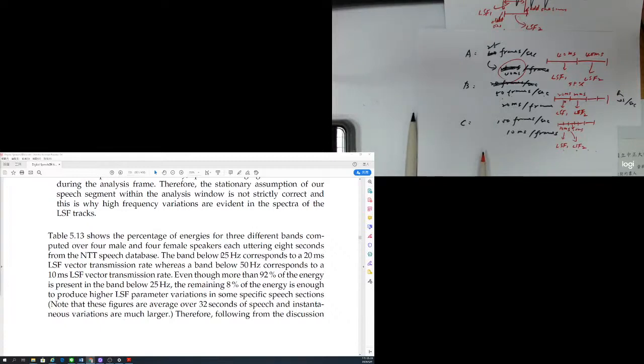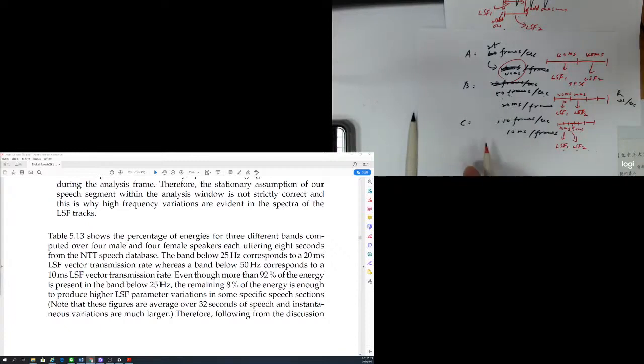So the band below 25 hertz corresponds to, oh, I made a mistake, it's 20 milliseconds. So 25 hertz is the sampling rate here, and this one is 20 milliseconds. So 50 hertz is around 10 milliseconds.